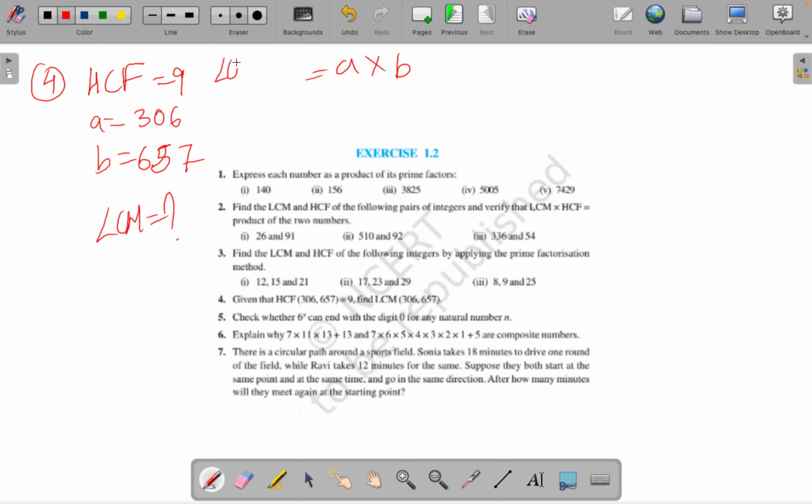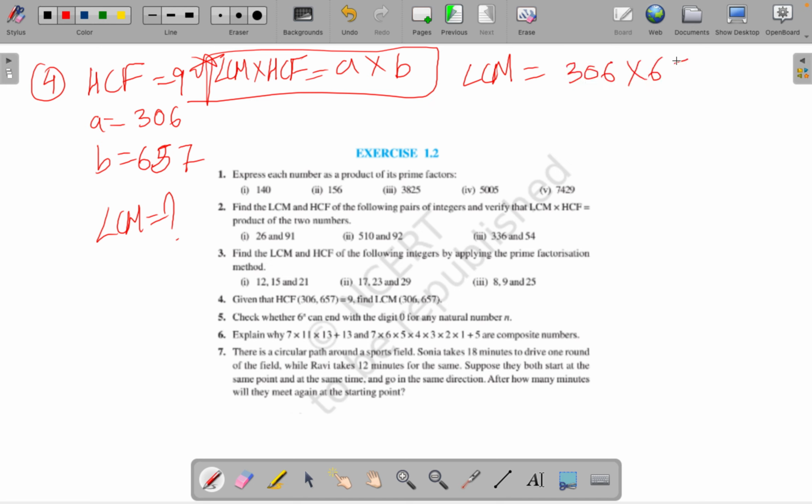HCF into LCM is equal to product of the two numbers. This is a fact always. Okay. So how will we find LCM? Can I say LCM is 306 into 657 divided by 9? You know how to do the calculations. That is question number 4 for you.